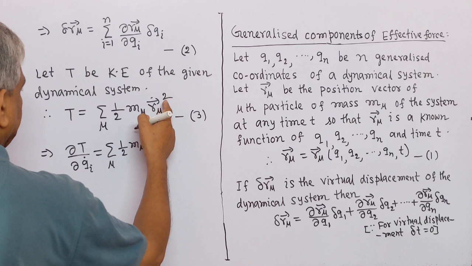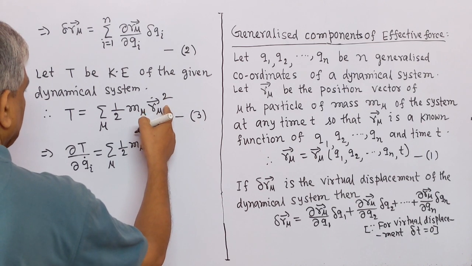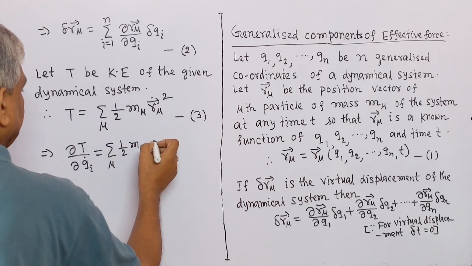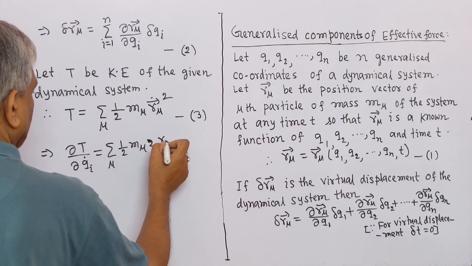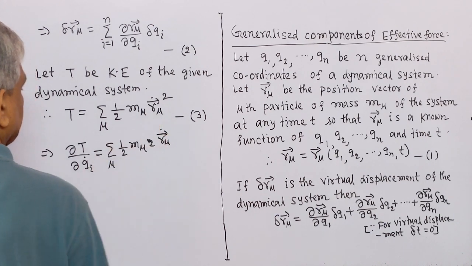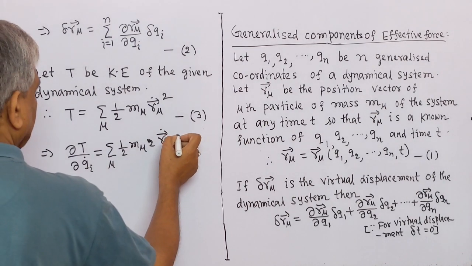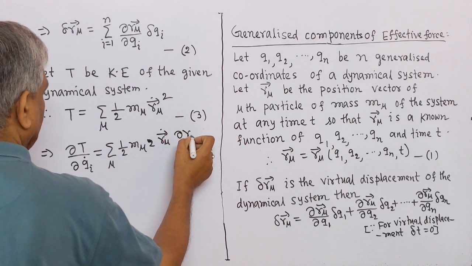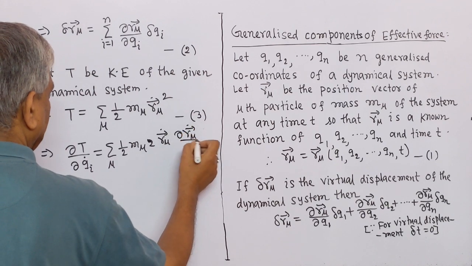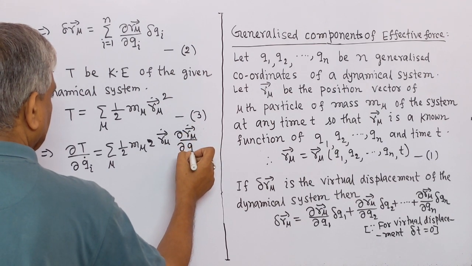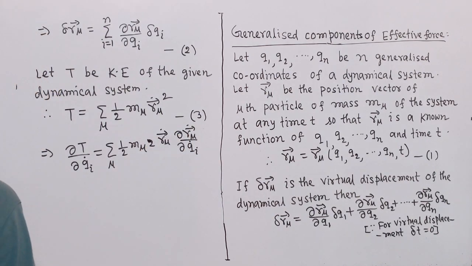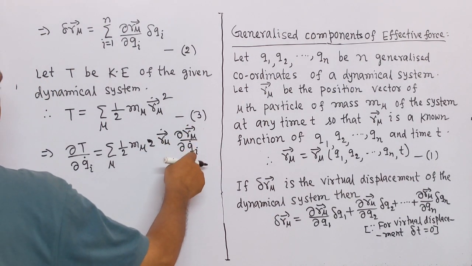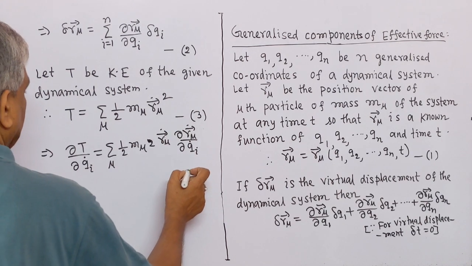Firstly we differentiate this with respect to r mu dot, meaning 2 r mu dot, then del r mu dot by del q i dot, the partial derivative of r mu dot with respect to q i dot.